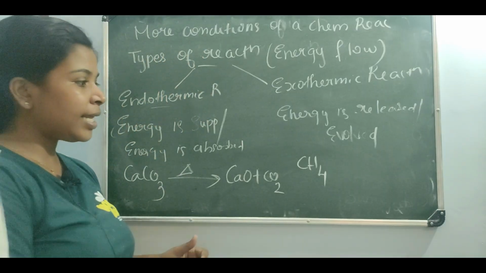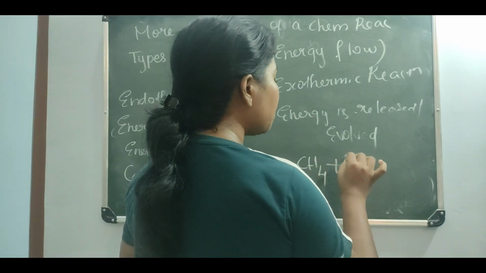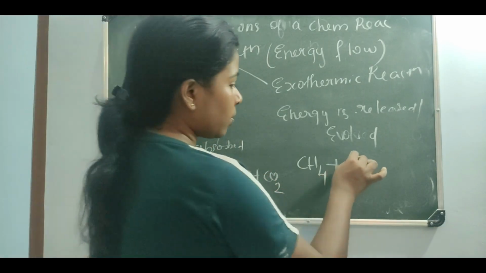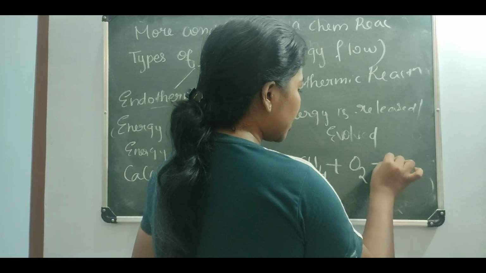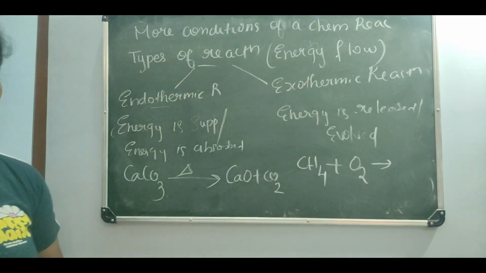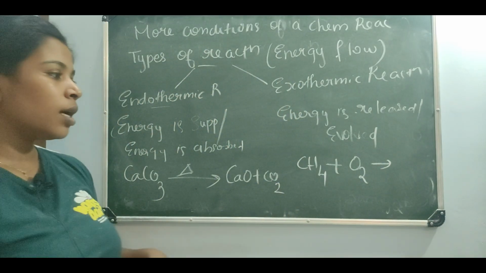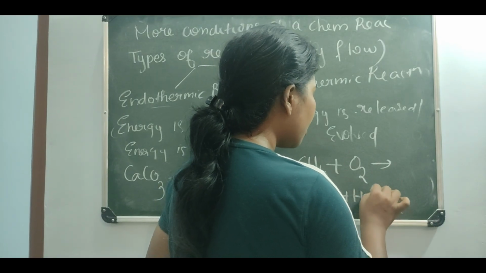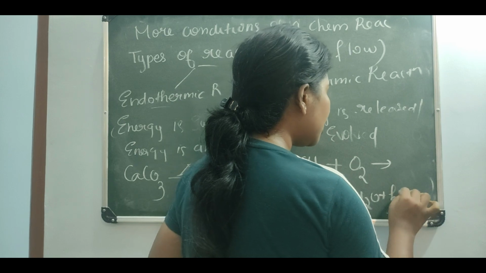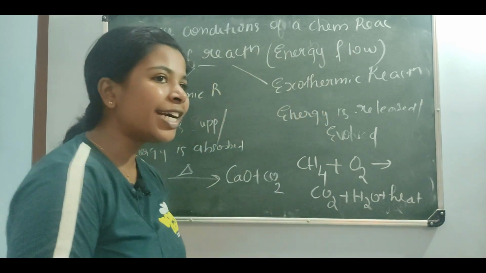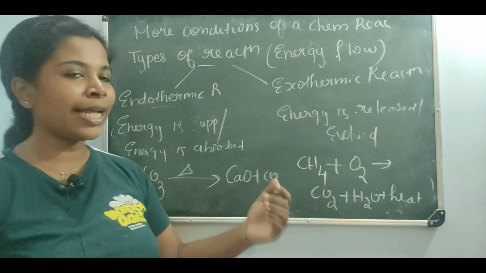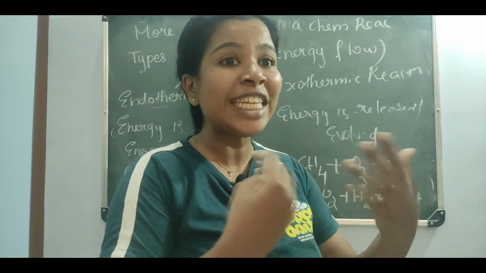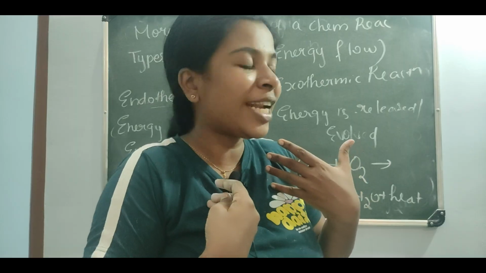methane reacts with oxygen, this is the burning of natural gas. Okay, when natural gas is burnt, what are the products formed? Carbon dioxide plus water plus heat. When you are burning natural gas, what we get is heat, right?